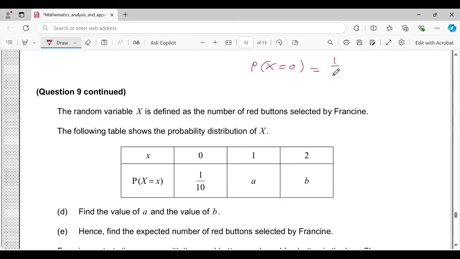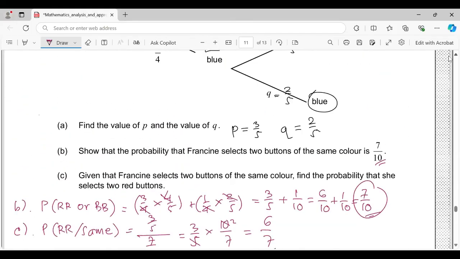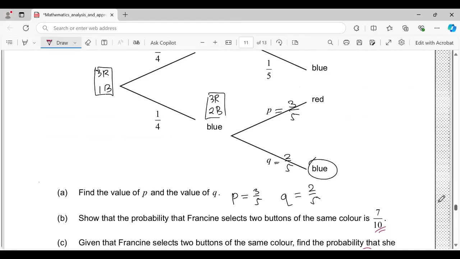If x equals 0, it means without red, so 1 over 4 multiplied by 2 over 5. Without red, this one is blue. It is 1 over 10.